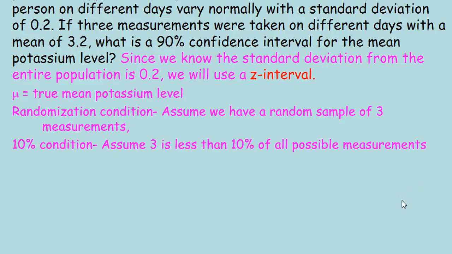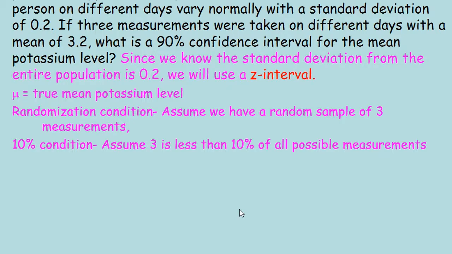Assume that 3 measurements is less than 10% of the possible population. So for this person, they only took 3 samples of their blood. We're going to assume that those 3 samples are less than 10% of the possible measurements, and that those 3 samples are random.